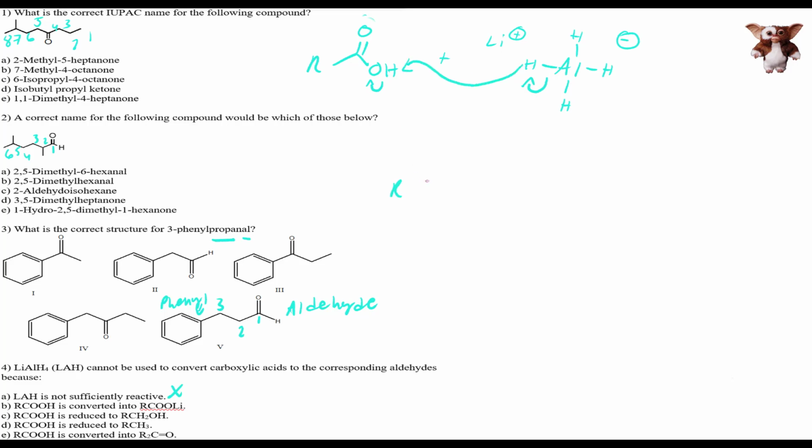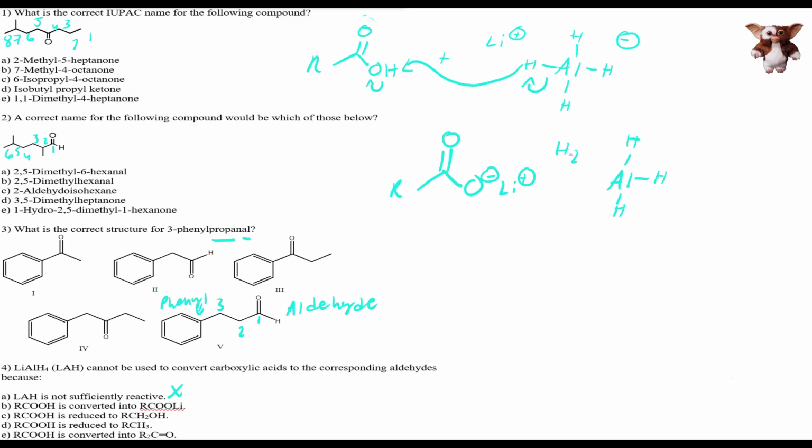So we now have R, C double bond with the oxygen, and this is negative, so it's an alkoxide. And we also have aluminum with 3 hydrogens. And to stabilize the structure, we have a lithium right next to it. Of course, we have H2.